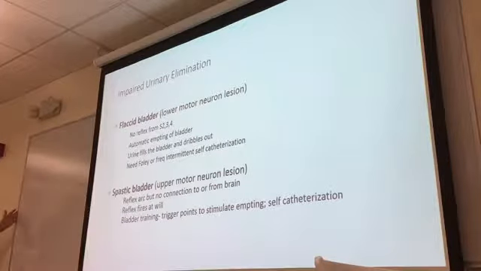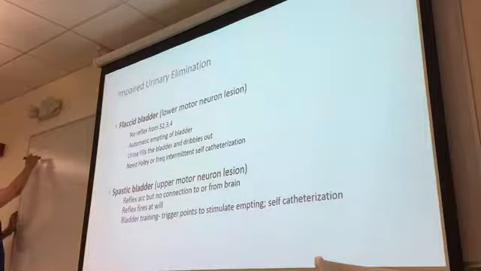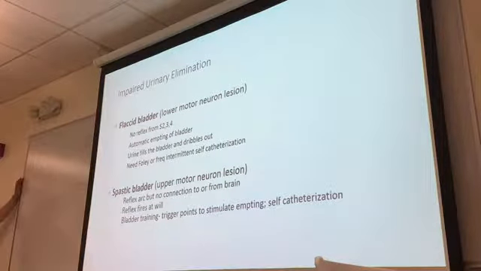So with, at the S2 to 4 level, we have a reflex arc that helps for urination when a baby is born. So we know infants don't dribble all day. Anyone that's had kids, taken care of kids, they do not dribble all day. Their bladder holds urine and then they urinate.